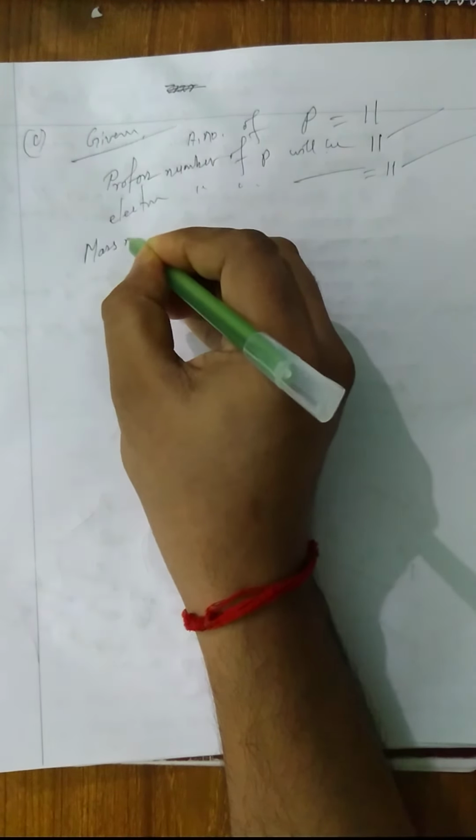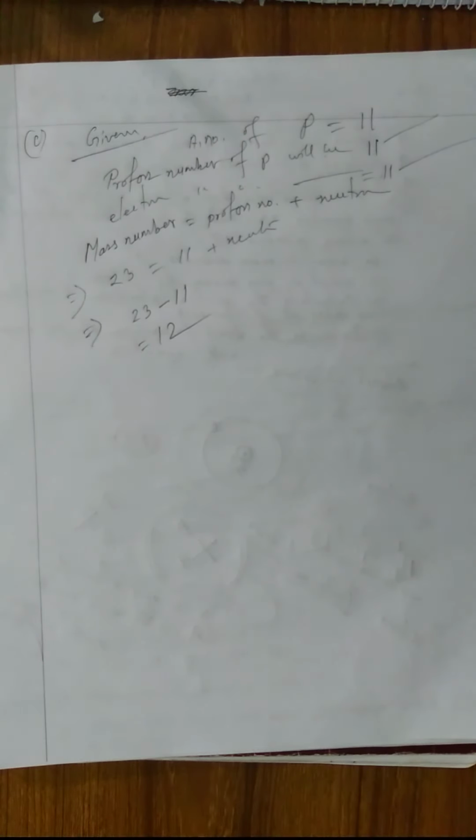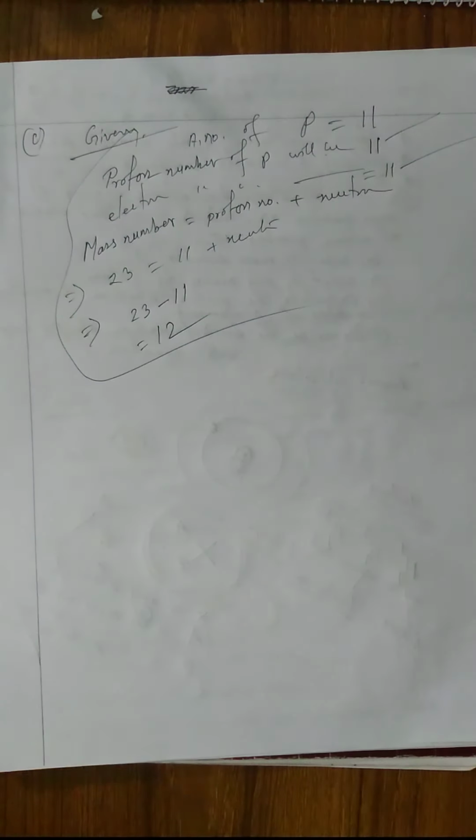Here mass number is given 23, proton number is 11. So we can calculate the neutron number. That means 23 minus 11, 12. So 12 is the neutron number of the P element. So this is the calculation of proton number, electron number and neutron number of the P element.